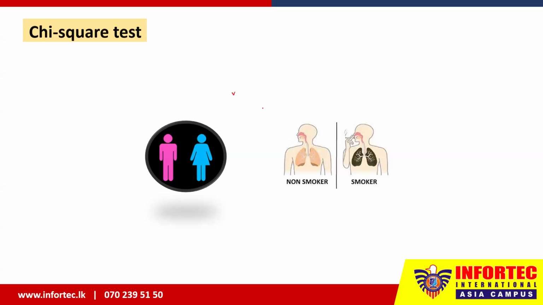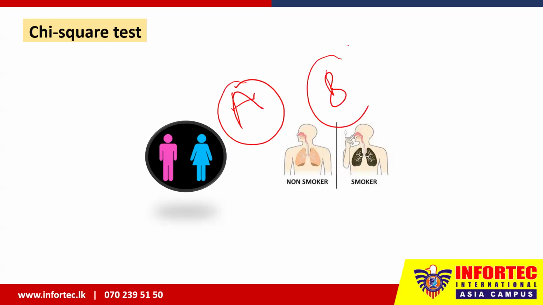For example, if you have two categorical variables, variable A and variable B, and you want to find out whether there is any association between A and B, then you can perform the chi-square test. So now you have some basic idea of the purpose of conducting chi-square and which kind of variables you can use.